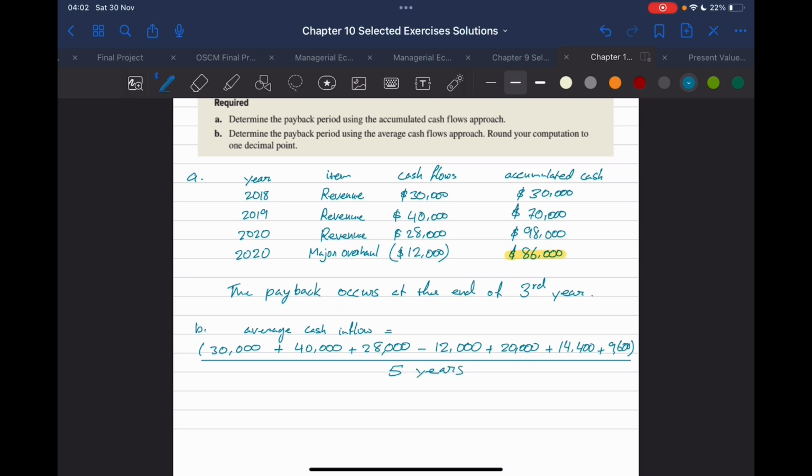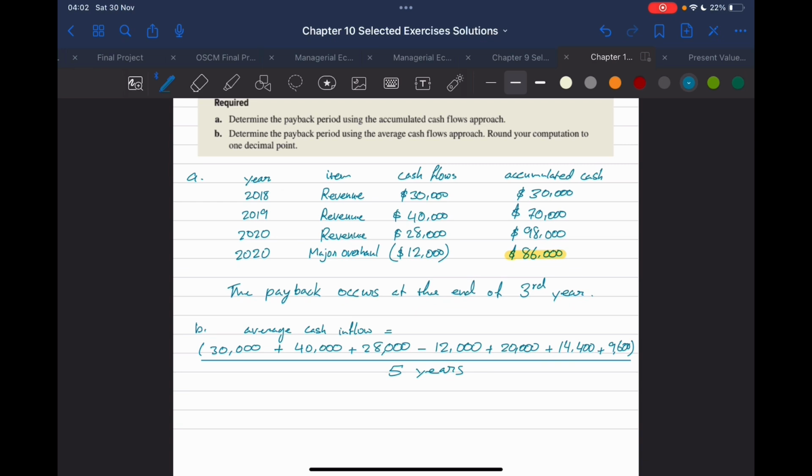Okay, we go to our calculators. 30,000 plus 40,000 plus 28,000 minus 12,000 plus 20,000 plus 14,400 plus 9,600.